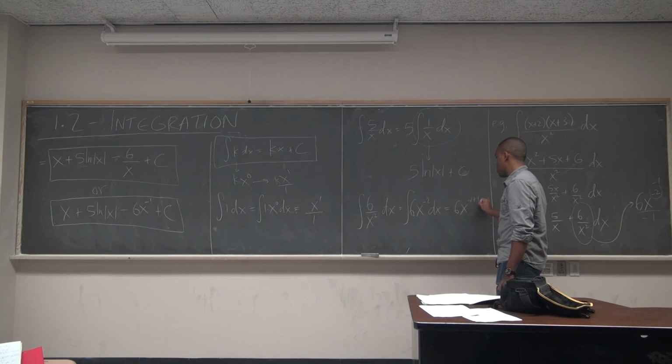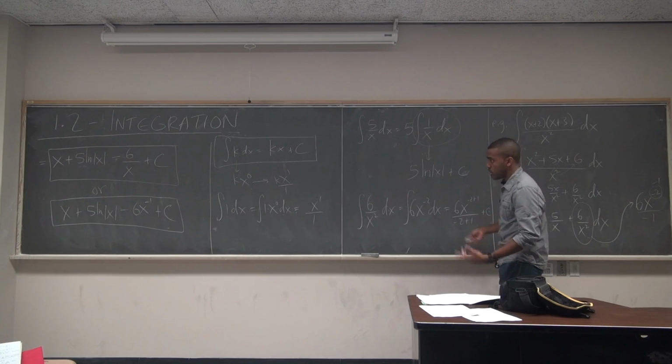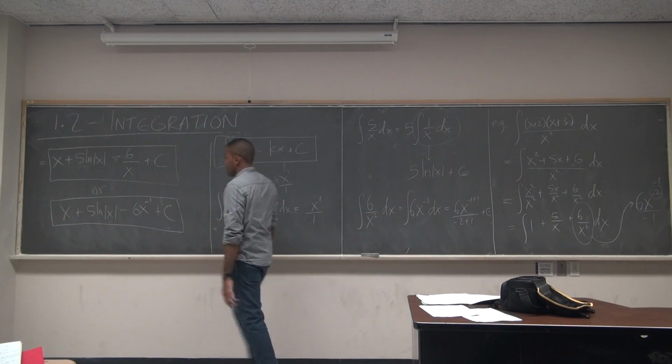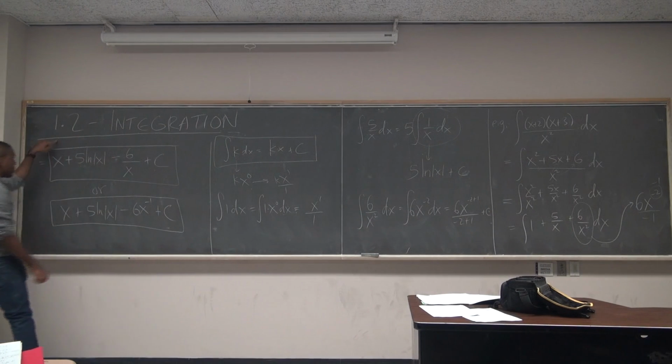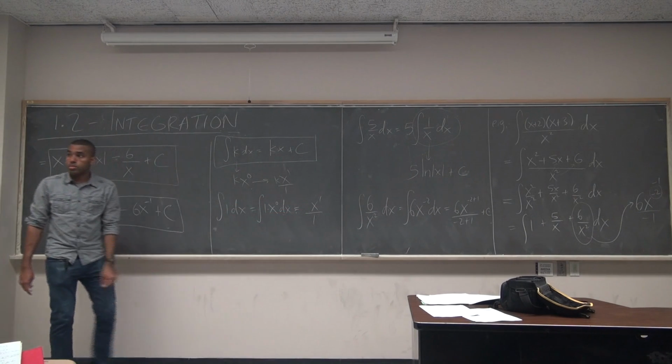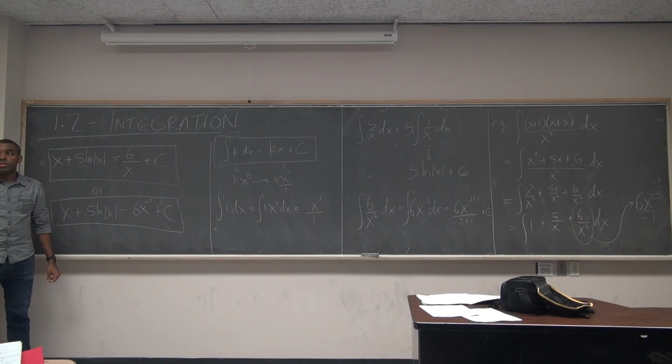So it's x to the -1 plus 1 over -2 plus 1. Add 1 to the power, divide by the new power, and you end up with this. So term by term, you just do it. The integral of 1 was x, the integral of 5 over x was this, the integral of 6 over x squared is this, by applying the power rule. So we take the integral or the antiderivative of each term, of each term separately, yes, and that would be it.